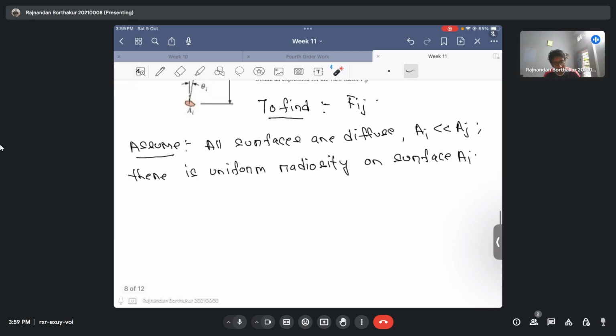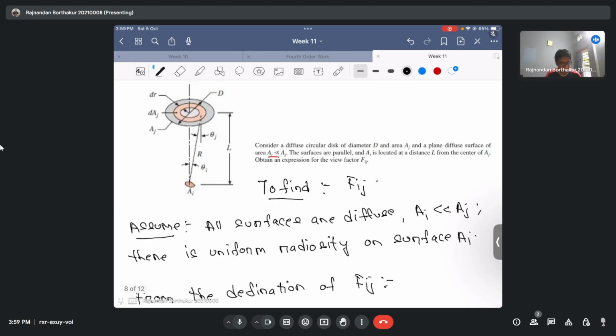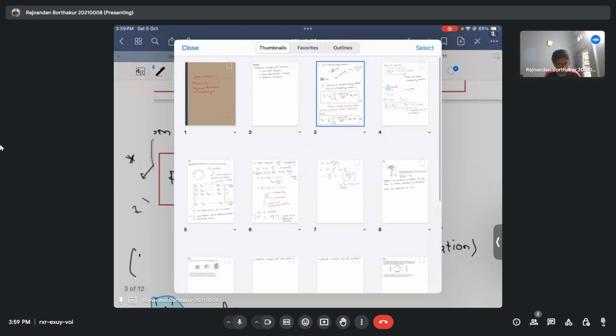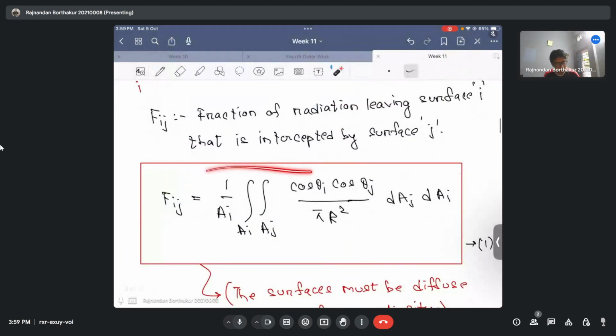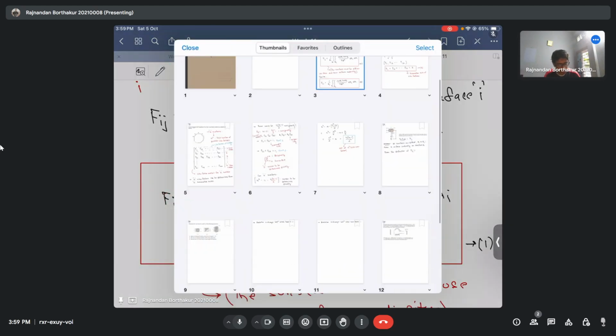So what we will do is, from the definition of Fij that we just now saw in equation 1, which is basically this form, we can directly write. So what can we write?